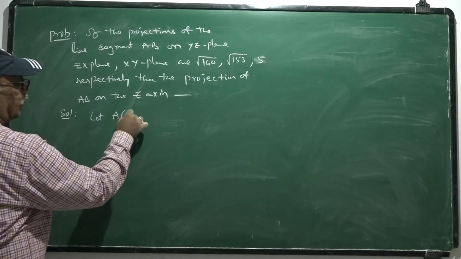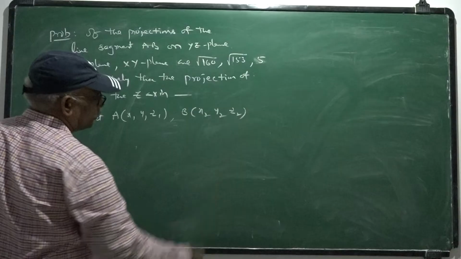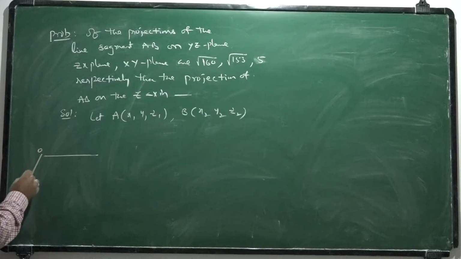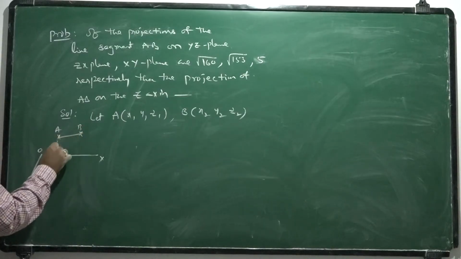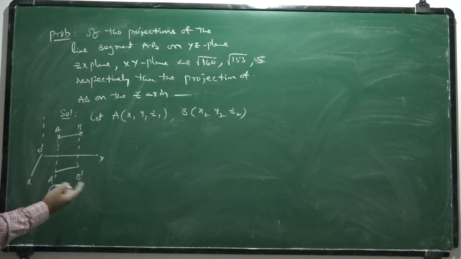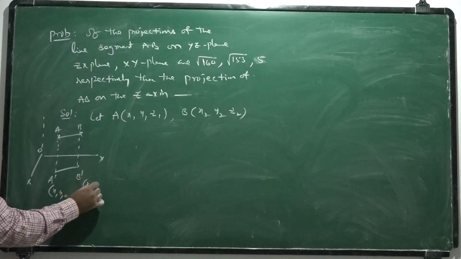Let A be the point (x1, y1, z1). B is the point (x2, y2, z2). Let us suppose this is xy plane. The points are like this. Once you take the projection, of course, z-axis is like this. On xy plane, A dash, B dash, the feet of the perpendiculars from A and B to xy plane are respectively (x1, y1, 0) and (x2, y2, 0).